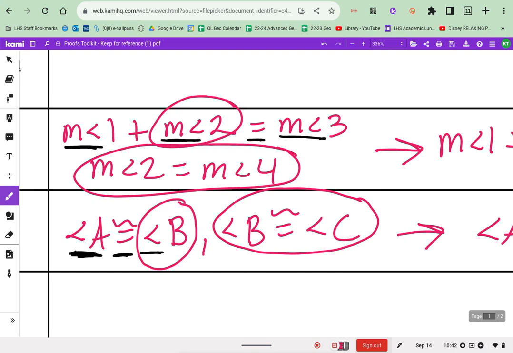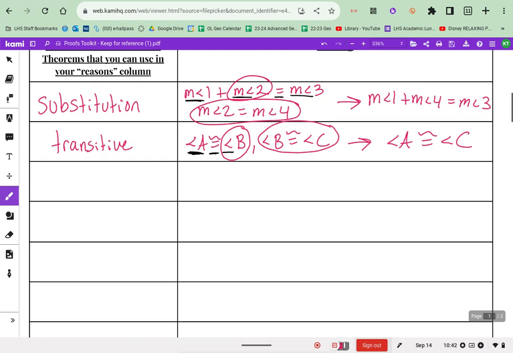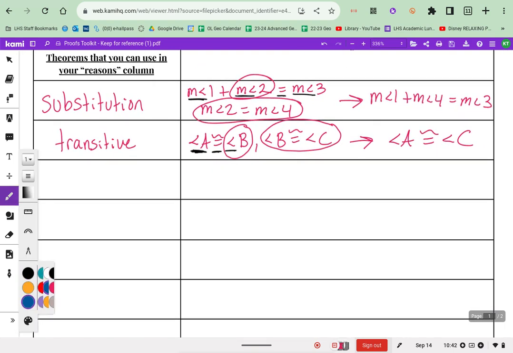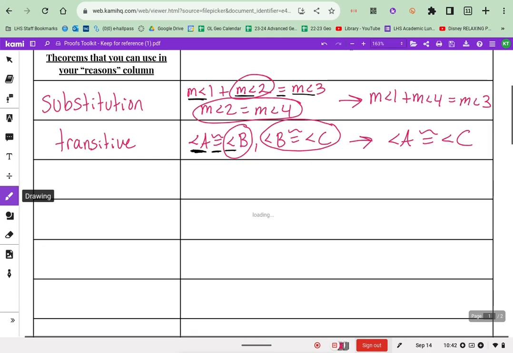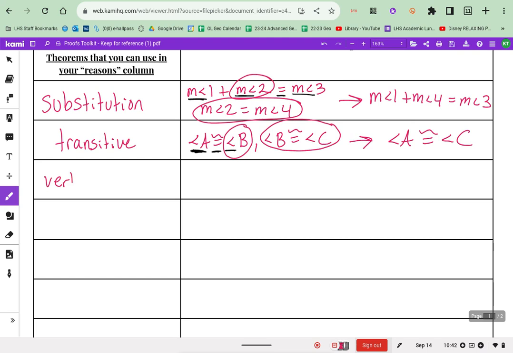All right. Okay, so those are the two that we talked about last time. And I'm also going to add one more that we're going to need for our first proof. We're going to be using vertical angles. Technically, it's the vertical angle theorem.